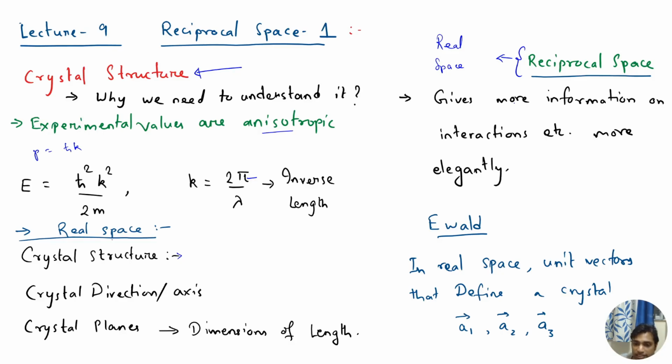For example, if you hit it with X-rays, how will it interact with the matter. First we'll understand what this reciprocal space is, and then we'll see the Ewald sphere, which is a particular subset of this reciprocal space, and how these things tell us more about the interactions of matter.